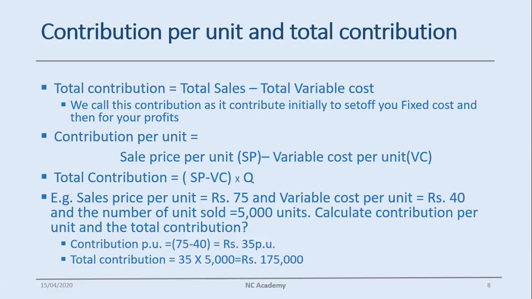Then your total number of units, which is Q, equals 5,000. So your total contribution is 35 multiplied by 5,000, which is 175,000 in this example.